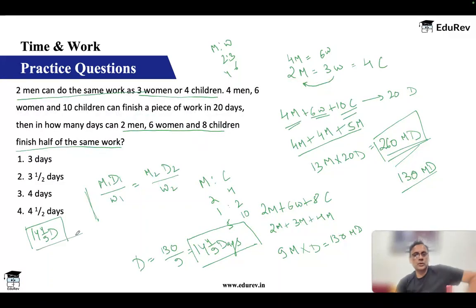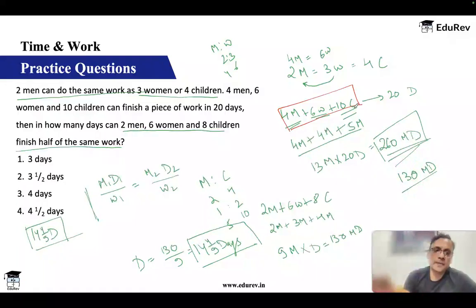Just understand the steps. There are 3 steps here. First step: you convert your team to one manpower, man or woman or children. I converted everything to men and my team changed. I had 4 men, 6 women, 10 children.